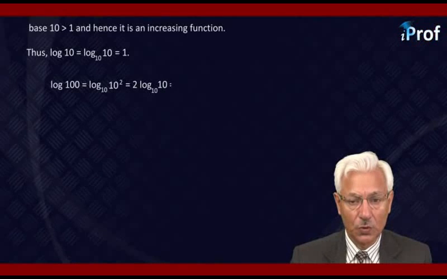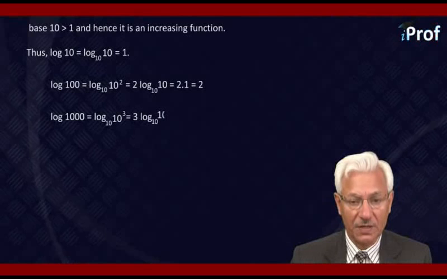That is 2 log 10 to the base 10, which is equal to 2. Similarly, log of 1000 can be written as log of 10 cube to the base 10, because base is not mentioned, therefore it will be taken as 10. 3 log 10 to the base 10 is equal to 3. Now log 10 is 1, log 100 is 2, log 1000 is 3.